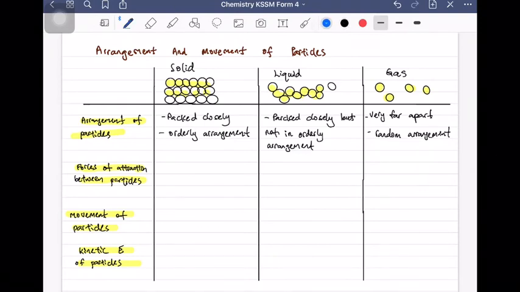Alright, now the second thing is the force of attraction between particles. For solid, there is a strong force of attraction between particles. And in liquid, they have a strong force but weaker than that in solid.